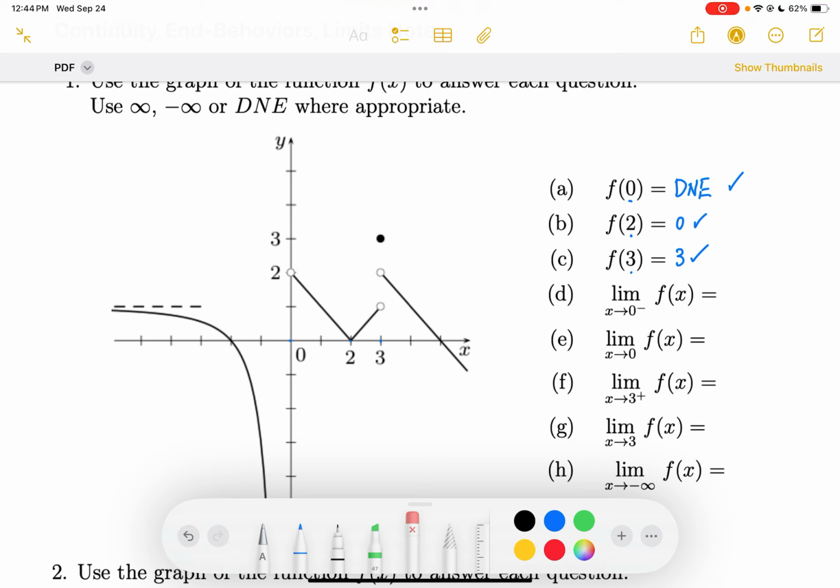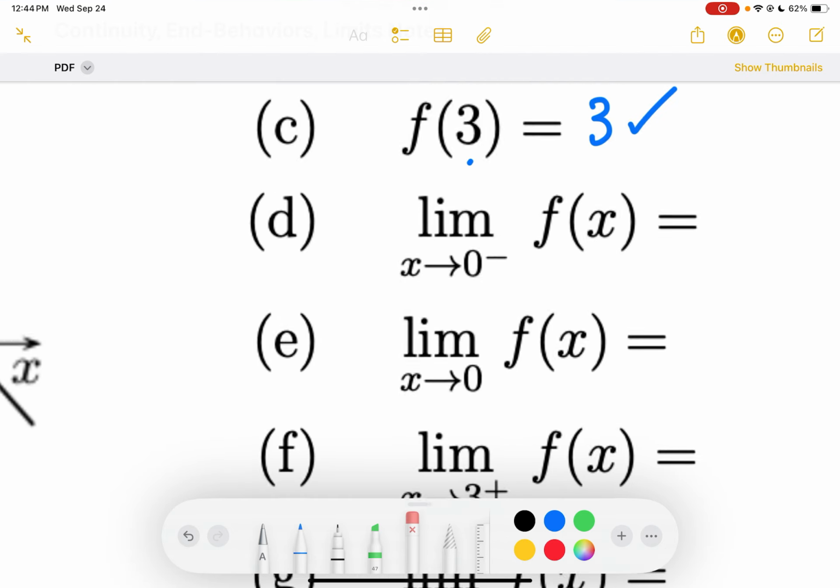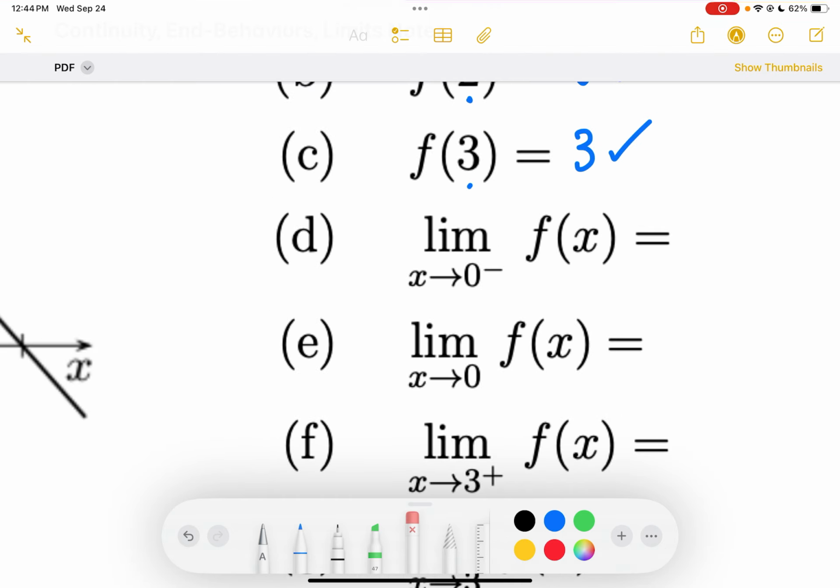Remember, the limit is talking about eventually what my y value will be. You can predict that from the picture. And we talk about the symbol notation. We mention the limit as the picture, which means it's my y value, okay?